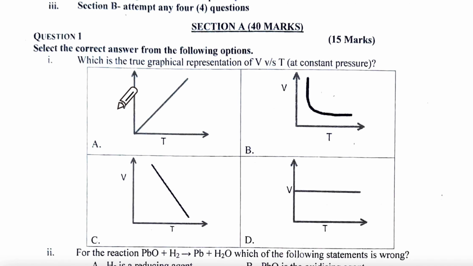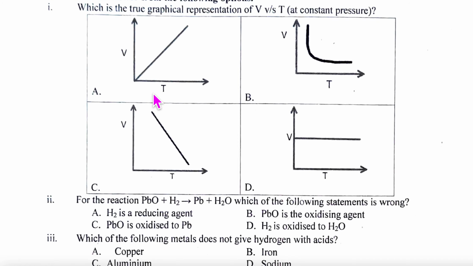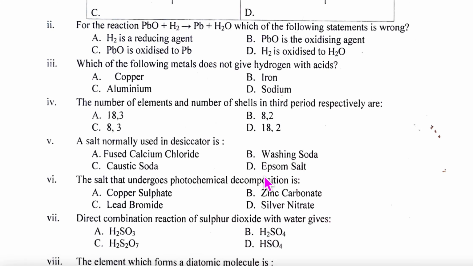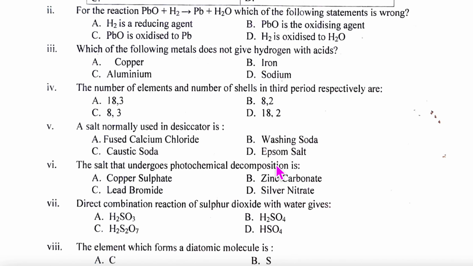But the only option that we can have is this one. So that is option A. They should have mentioned here that temperature is in Kelvin. If this is Kelvin, then this is true. They have not been specific, so it's all right. That is the only applicable one.